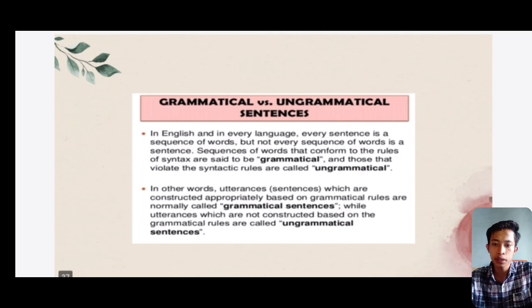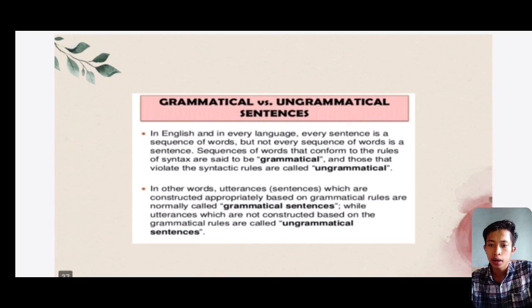Last, we have the grammatical versus ungrammatical sentence. In English, as in every language, every sentence is a sequence of words, but not every sequence of words is a sentence. Sequences of words that come from the rules of syntax are said to be grammatical, and those that violate the syntactic rules are called ungrammatical.